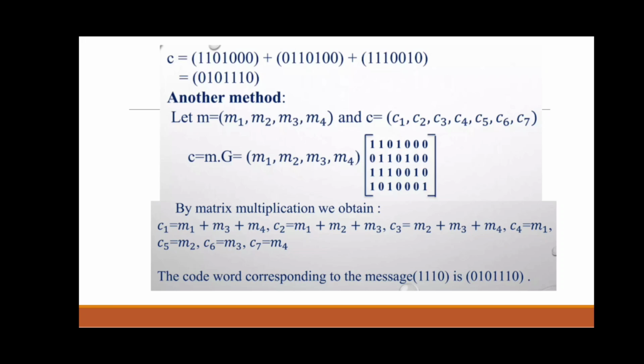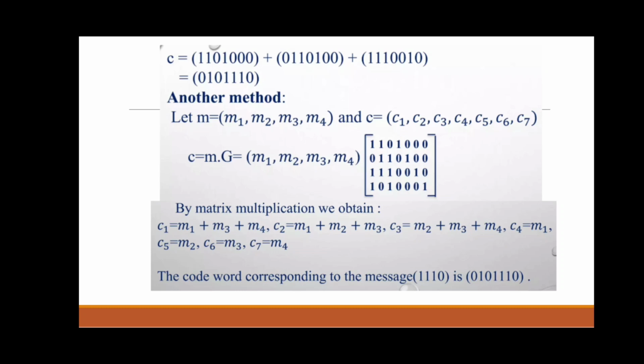Another method for finding the code words is by putting the message bits as M1, M2, M3, M4, since we have four message bits, and code words as C1, C2, C3, C4, C5, C6, and C7, since in the question we have been given that n is equal to 7.